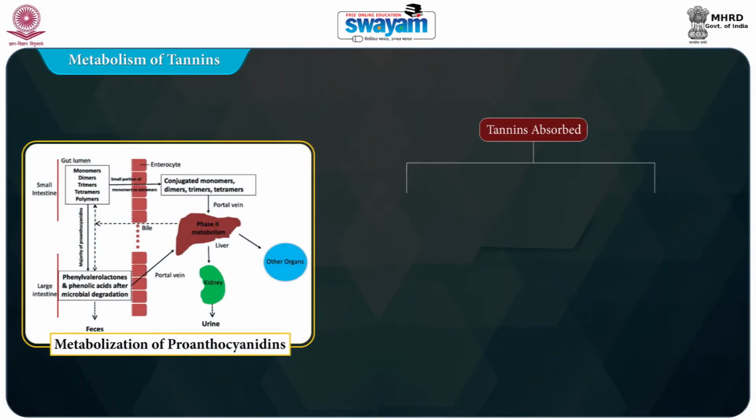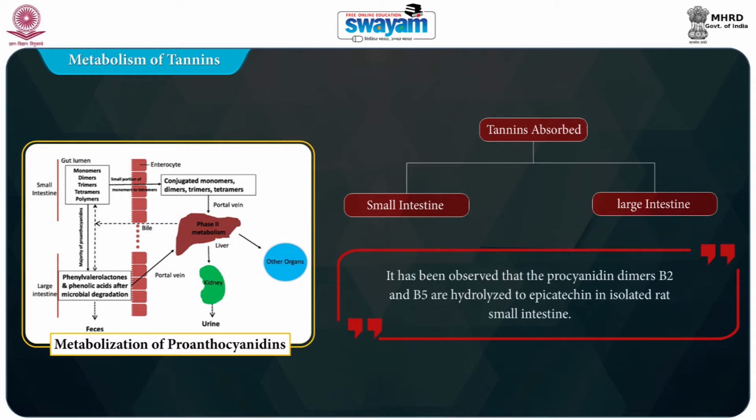Tannins absorbed in both the small and large intestine may exert systemic effects. In the small intestine, the main factor that affects the metabolism of proanthocyanidins is their degree of polymerization. It has been observed that proanthocyanidin dimers B2 and B5 are hydrolyzed to epicatechin in isolated rat small intestine.